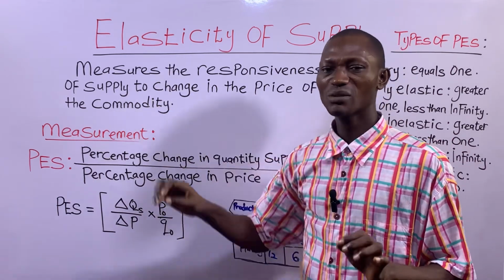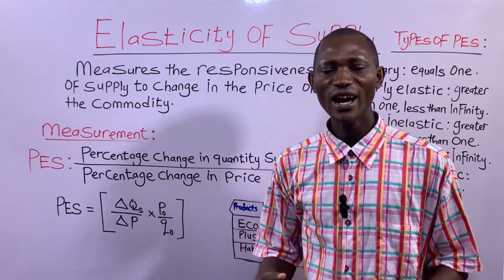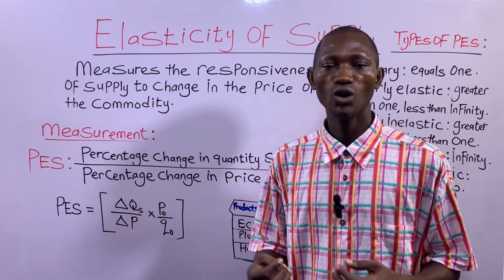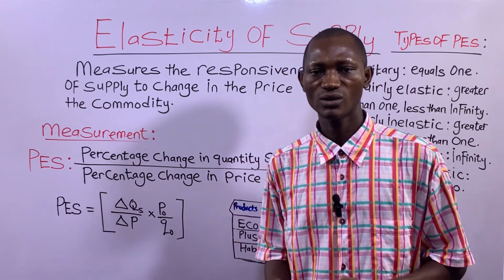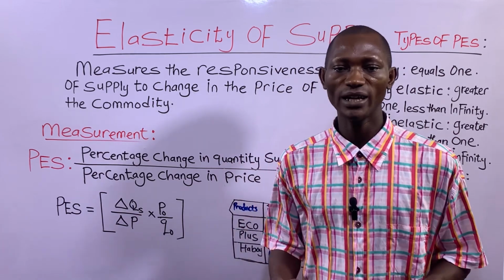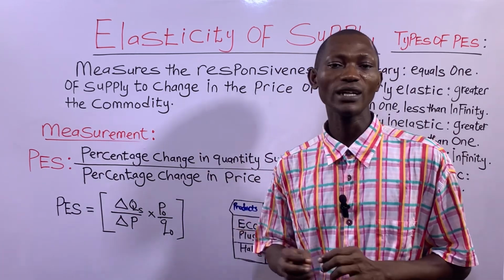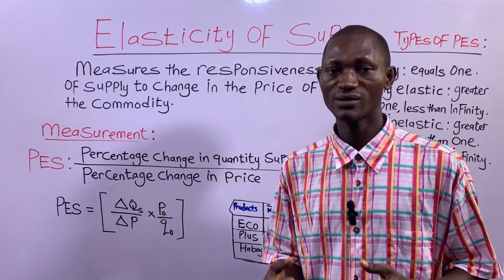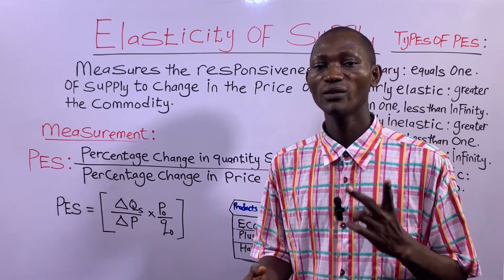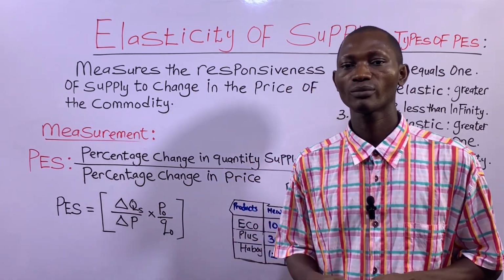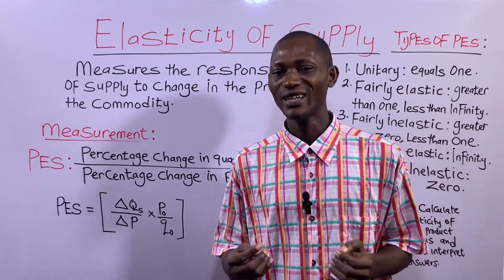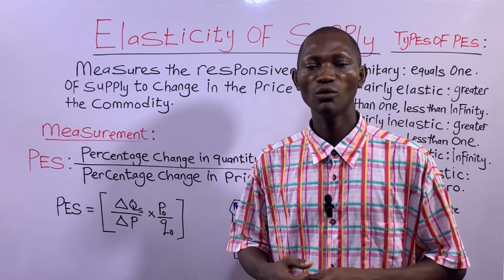So this concept measures how that quantity supplied reacts or responds to change in any of the factors that affect supply. Those determinants that affect the quantity supplied of a commodity are categorized into two. The first is the price determinant, and that simply means the price of the commodity.